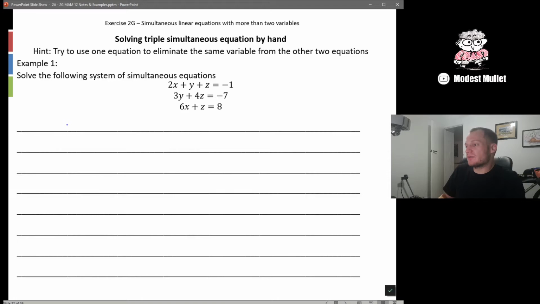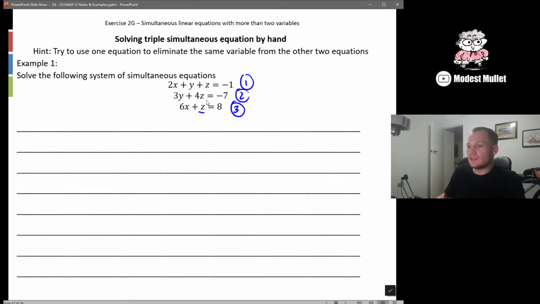We use similar methods of elimination and substitution to solve these. It just is a little more tedious because it's a bit more work. So we've got equation 1, equation 2, equation 3. As it says here, try to use one equation to eliminate the same variable from the other two equations. To me, this screams the fact that there's a single z and then 4z, no fractions at all so far.